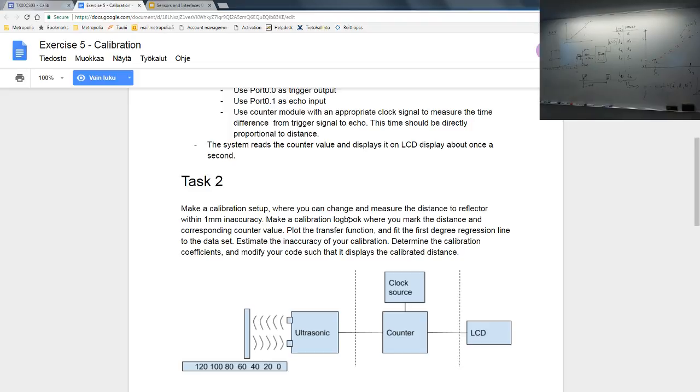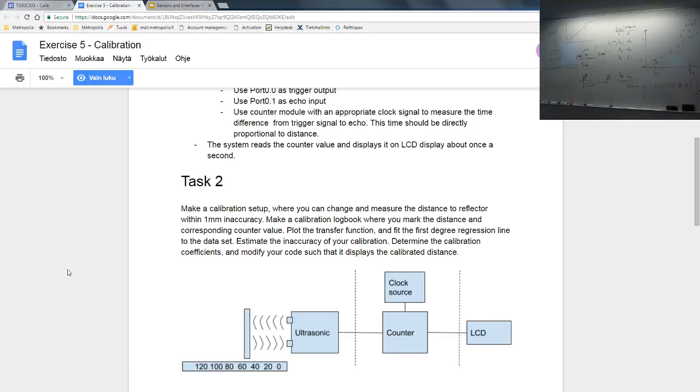Make a calibration logbook, meaning keep track of what the calibration of the measured data is. You have the counts in one column, and the distance in another one. And then just do some fitting. The fitting itself is very simple.